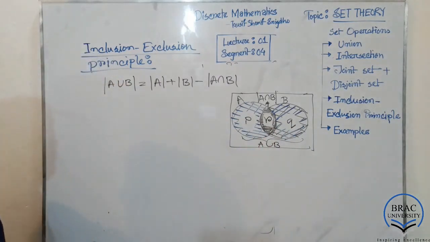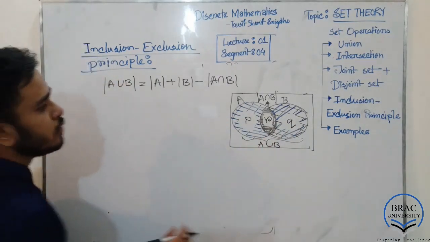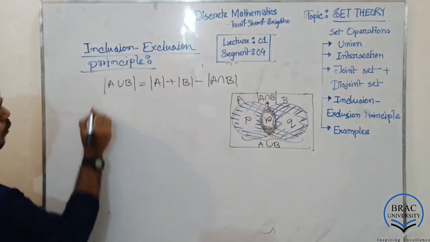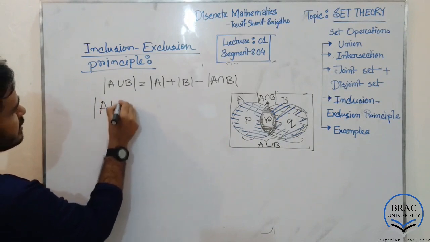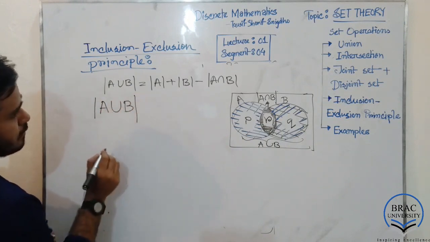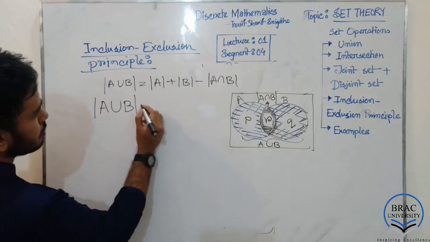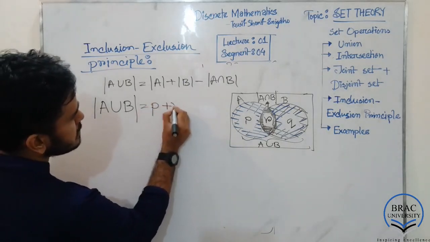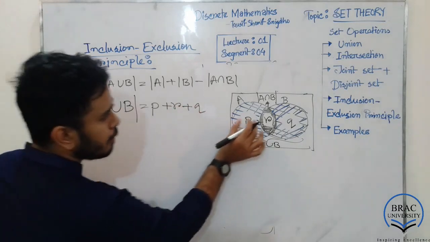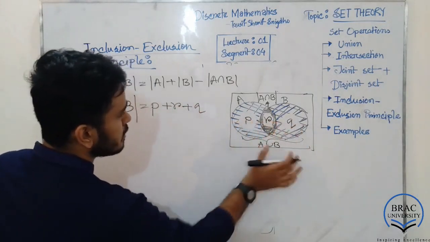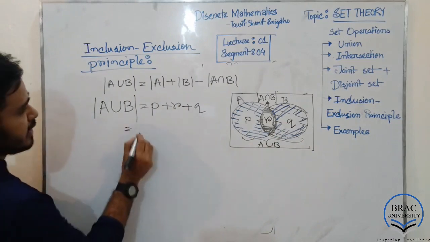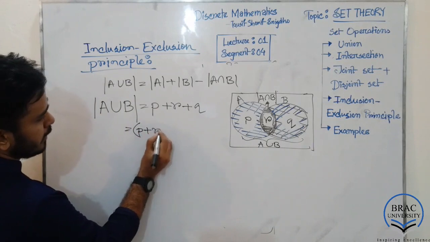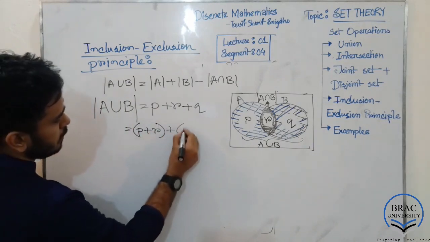Now, as we know that this whole covered region refers to A union B, we can say that the cardinality of A union B will be equal to P plus R plus Q, right? This is the cardinality of A union B. Can we rewrite this like this here?